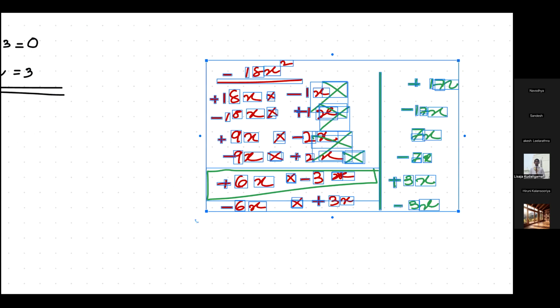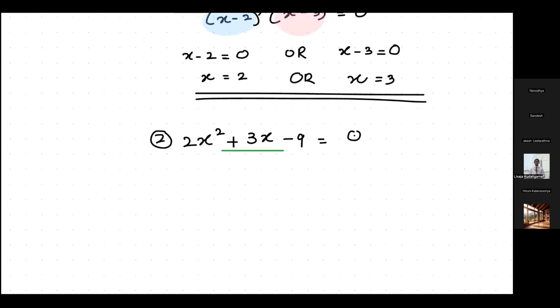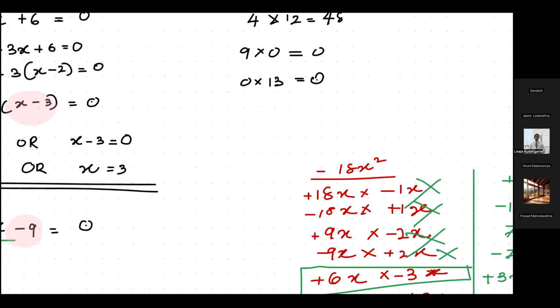Now, සාමාන්‍යයෙන් when you have a quadratic expression, simplify කරන්නේ කොහොමද ඒක? You take the first term and you multiply that by the last term. Plus 2x squared multiplied by minus 9x අපිට එනවා minus 18x squared.